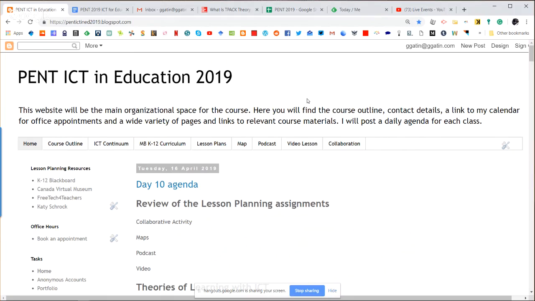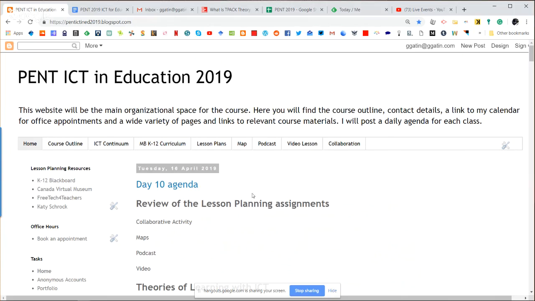The ICT Continuum, of course, is designed to talk about a few different things. They're talking about how to use ICT safely and responsibly. So when you're doing this, you also have to consider what to plan for when your students use this technology, to keep them safe and within the bounds of that learning continuum. So it all comes together.